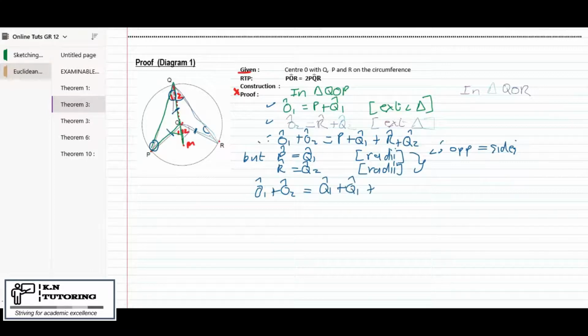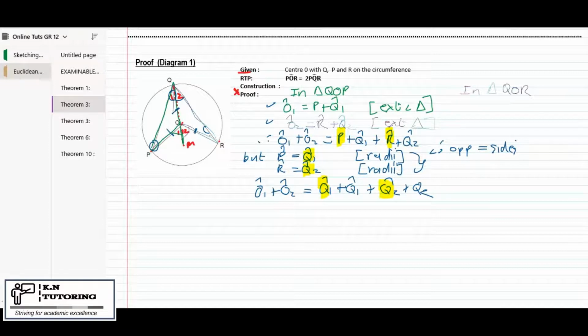Plus, where I see R, I'm going to substitute Q2 because they are equal, plus the other Q2 I already had. So what did I do? I wrote my equation the way it is. Where I see P, I substitute Q1, and where I saw R, I substitute Q2. Then the rest remain the same.